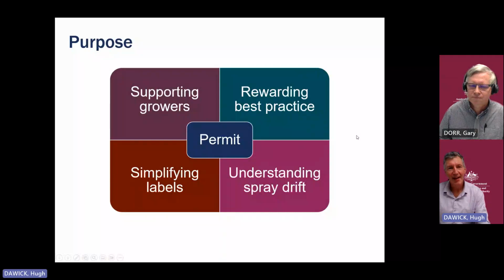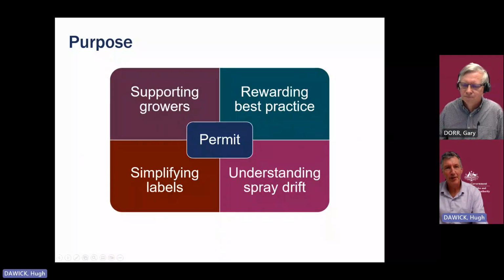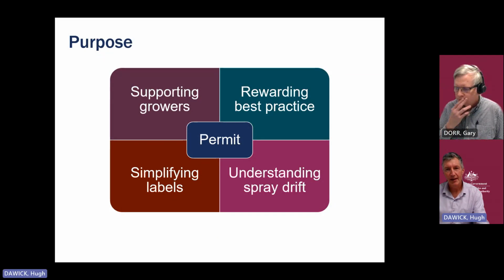Thanks, Gary. So just to conclude then, we hope that you find the use of this calculator beneficial. The purpose of it is to support the growers and to reward best practice by being able to reduce buffer zones for good practice, such as using coarser droplet sizes, reducing the boom height.